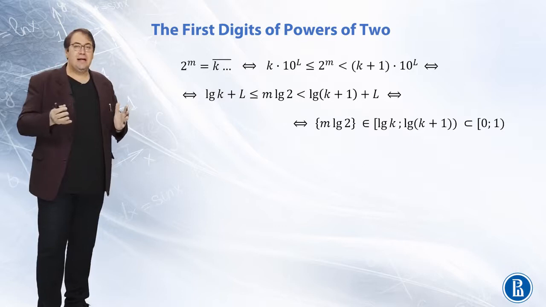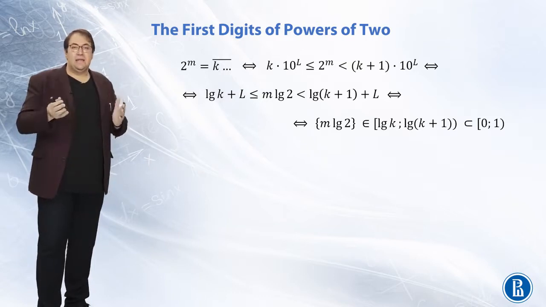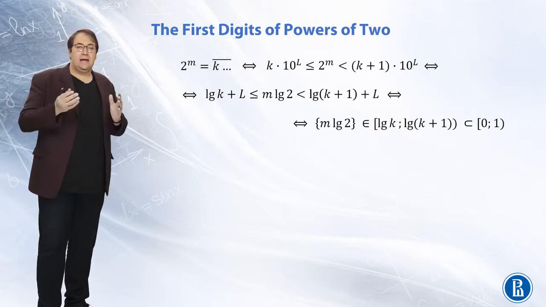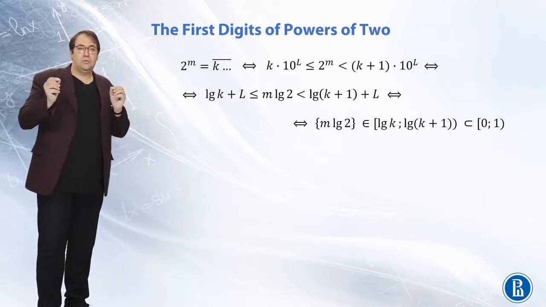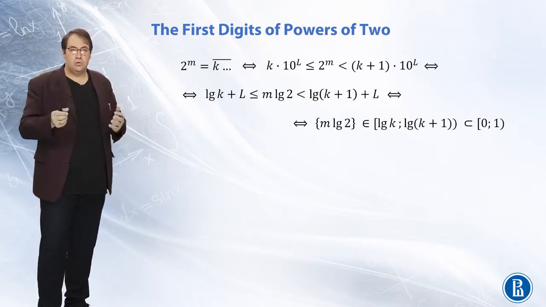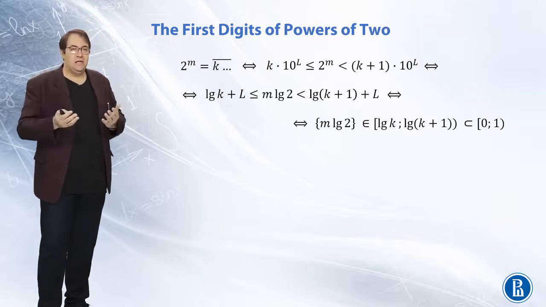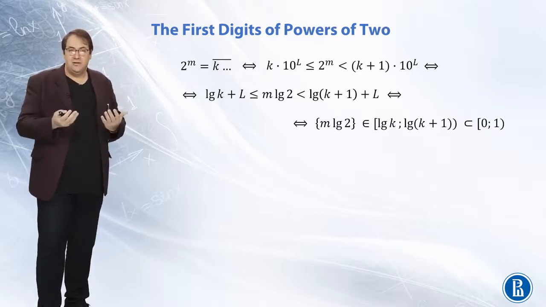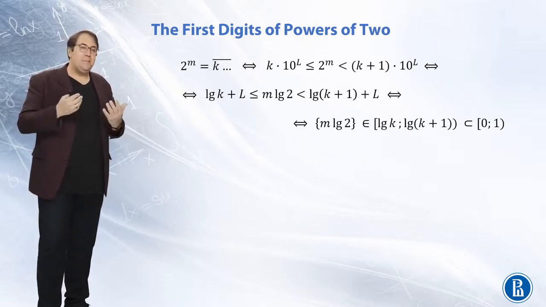Then apply logarithm base 10 to these inequalities and obtain that log k plus l and log (k plus 1) plus l are the two bounds of m log 2. We need to get rid of l, because it doesn't matter what l is equal to. All that matters is k.